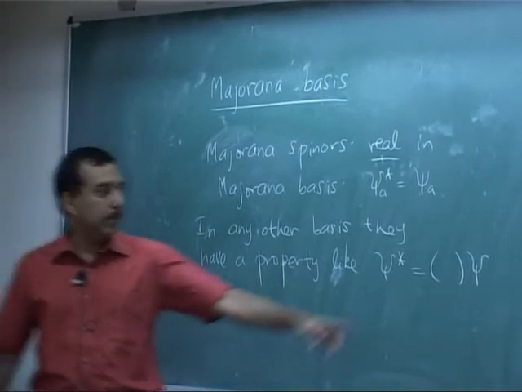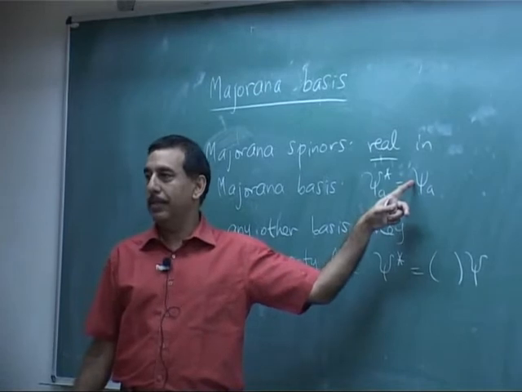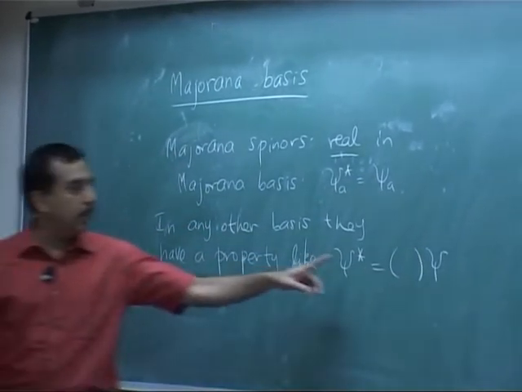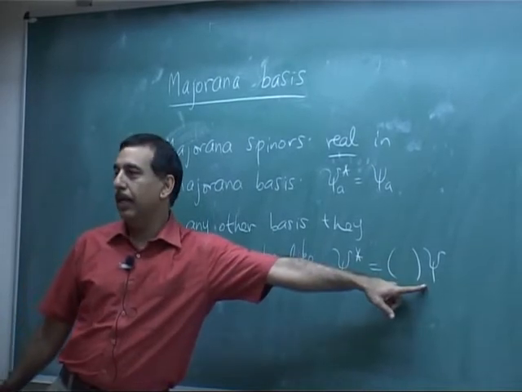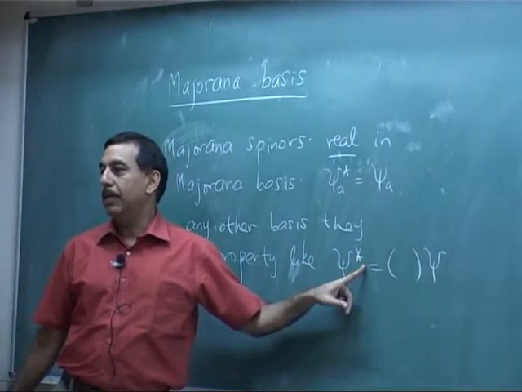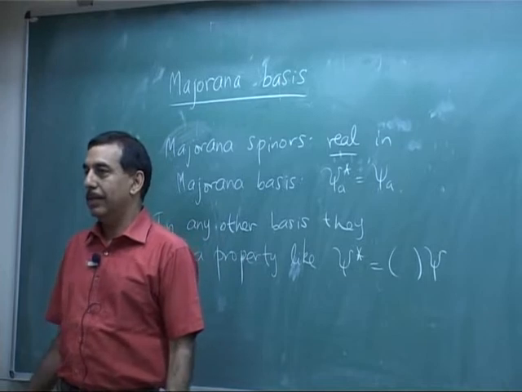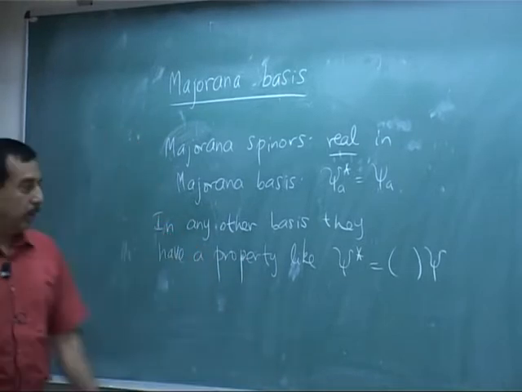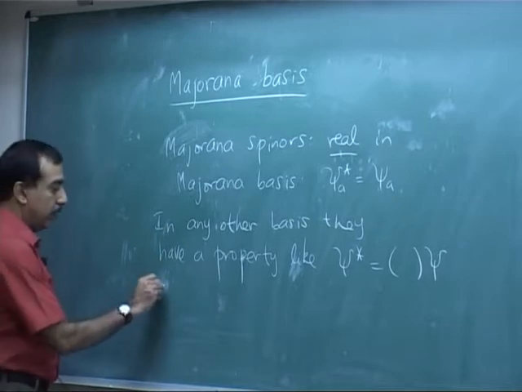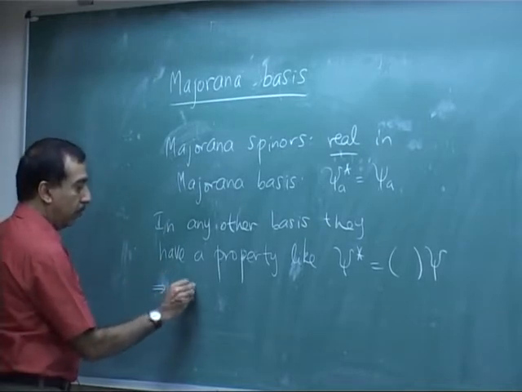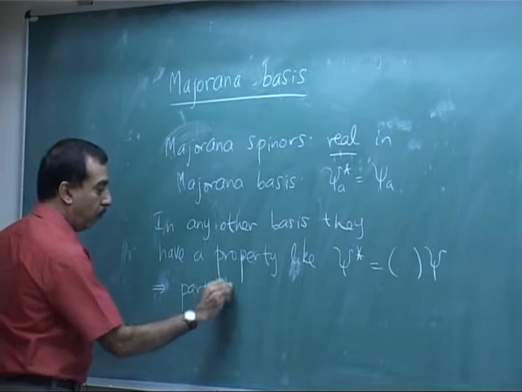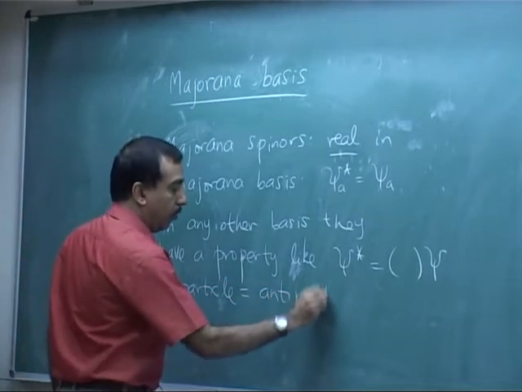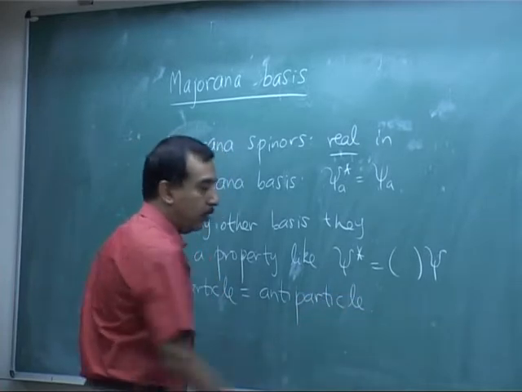That matrix happens to be 1 in this basis, and it will be something else in another basis. But it still says that psi star is related to psi, which means that psi and psi star are not independent fields. And we already know from our study of scalar fields what this means. It means physically that particle is equal to antiparticle. They are the same.